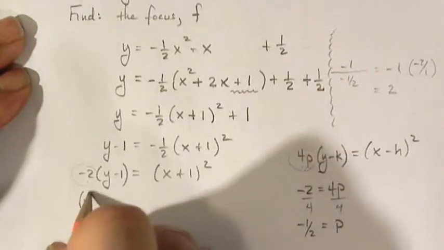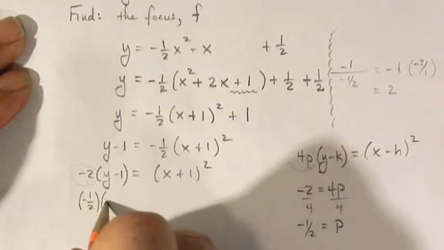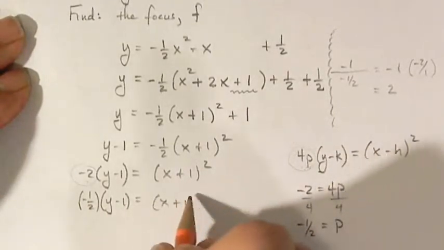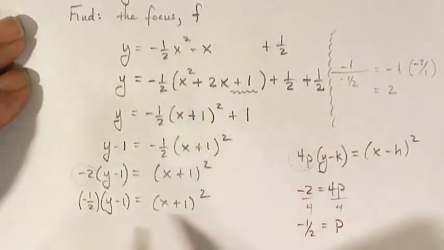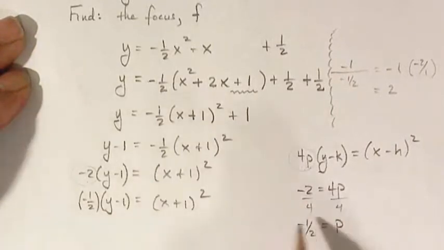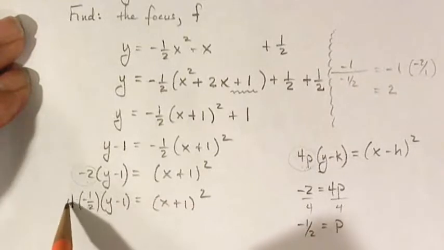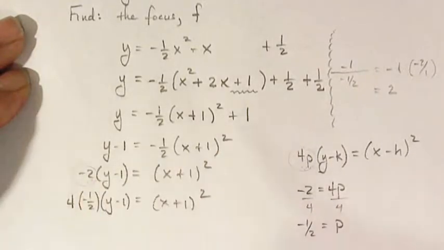Now the p goes here, y minus 1, x plus 1 squared, and there must be a 4 in it. So 4 times p is negative 2. Now we're talking. The only thing that doesn't correspond is this plus.